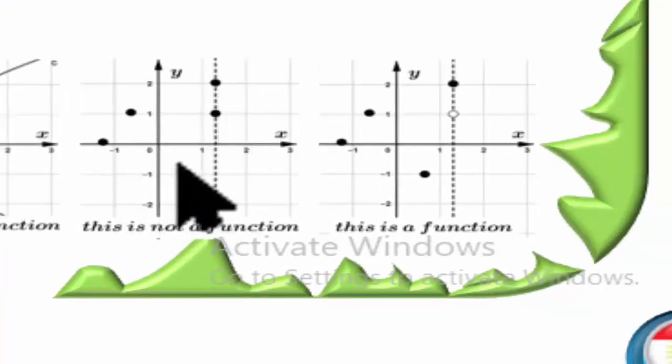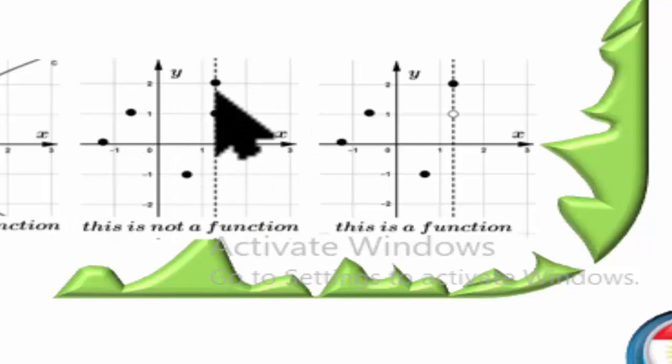Here it is not a function because the vertical line cuts this relation in 2 points. Here this is a function because the vertical line cuts the graph in 1 point. You have 2 points, but this one is a hollow point, because of that the line is not passing through this point.